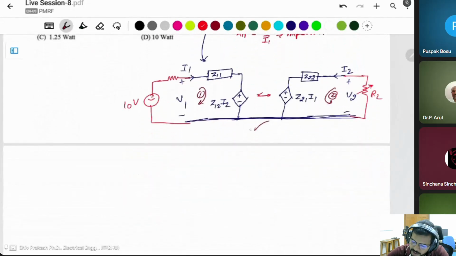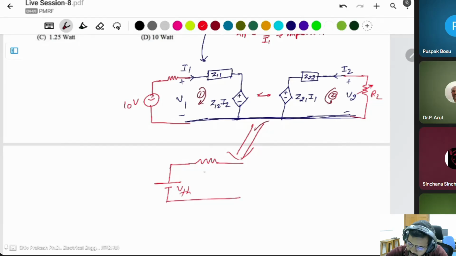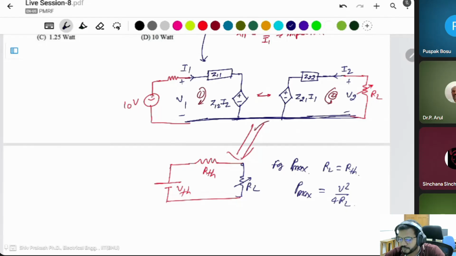It means this circuit has to be converted into a voltage source and a resistor: this is the VTH, this is the RTH, and this is the load resistor RL. For maximum power, RL is equal to RTH, and Pmax is equal to VTH squared upon 4 RL. Simply, you can apply this.